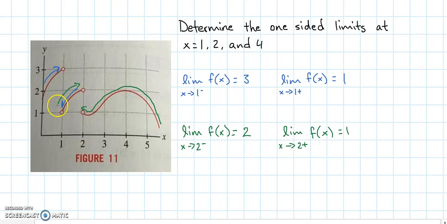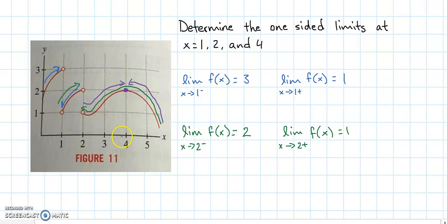When x approaches 2 from the left side, we get a limit of 2, but from the right side, the limit approaches 1. So here we would write it as x approaches 2 from the left side, the limit of f of x is equal to 2, and when x approaches 2 from the right side, the limit of f of x is equal to 1.